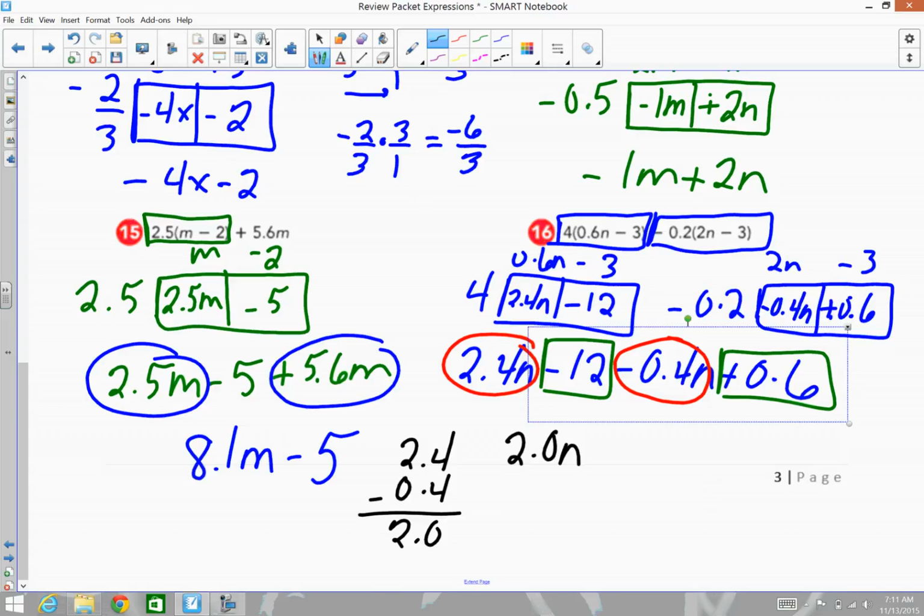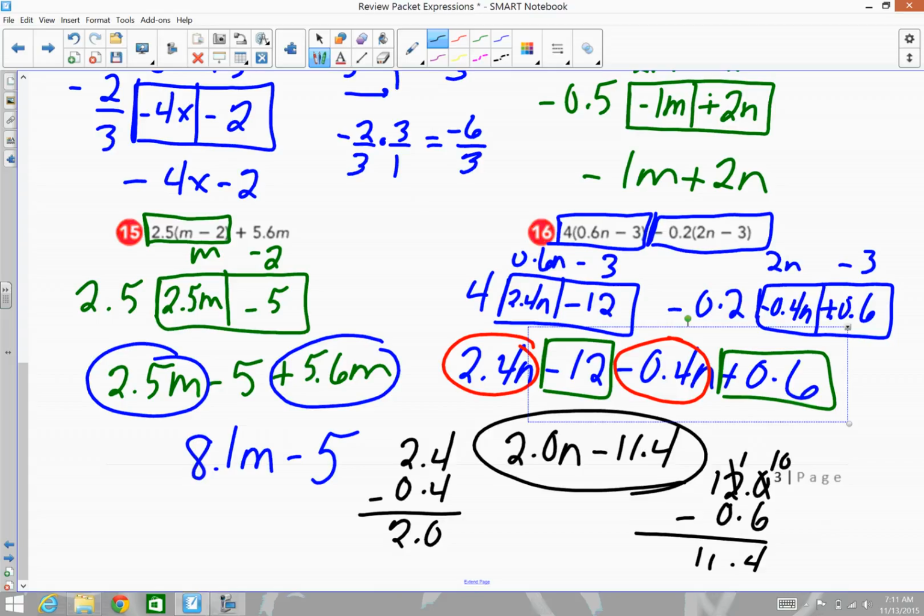That's a sign difference. So we're going to do 12 minus 0.6. Notice I have to add a decimal and we have to borrow. 10 minus 6 is 4. Bring your decimal down. We have 11.4, and the negatives are going to win. So minus 11.4.